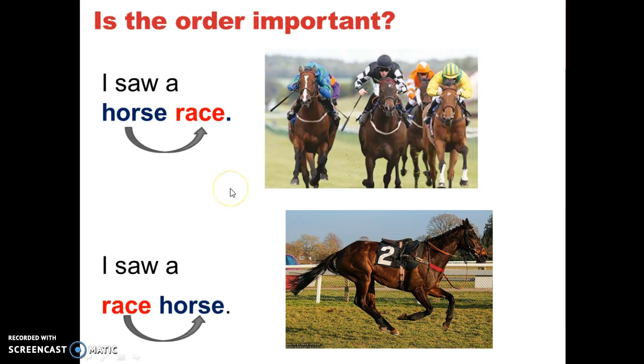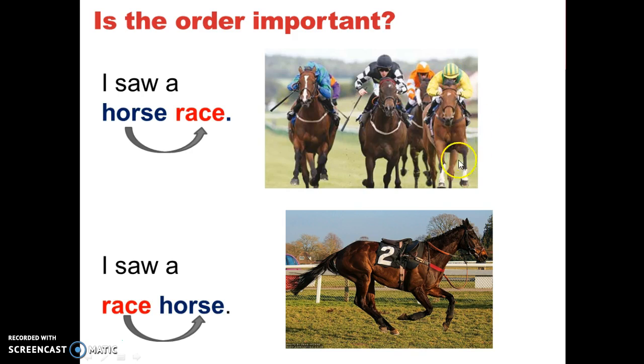And does it matter what order we put them in? Well, it does, because when we change the order, we change the meaning. For example, here, horse race. Race is our main noun. What kind of race? A race with horses. So we have a horse race. I saw a horse race.